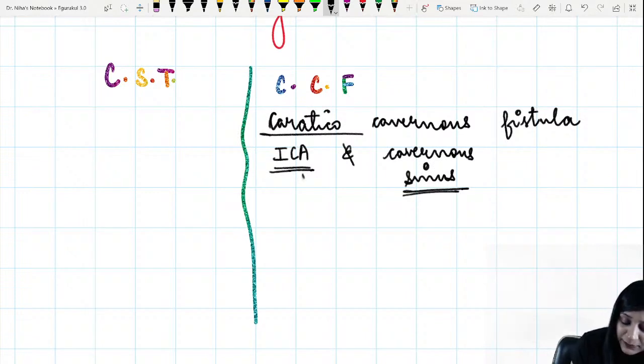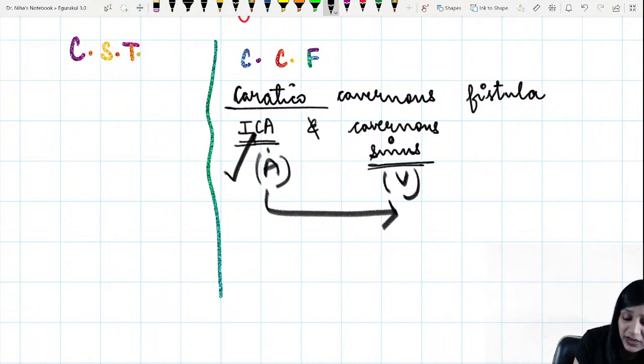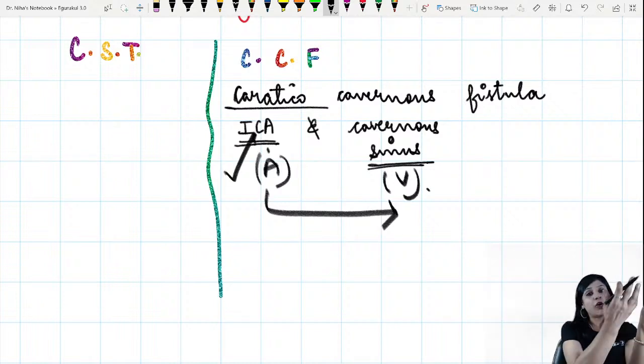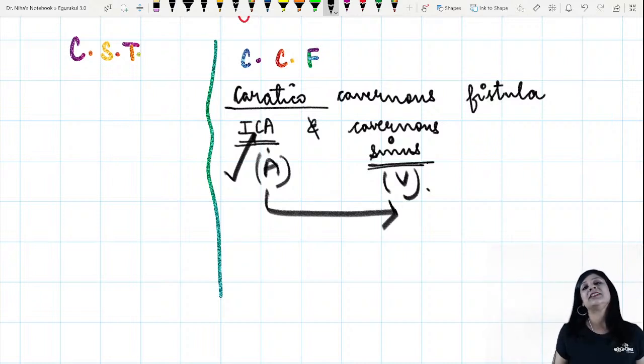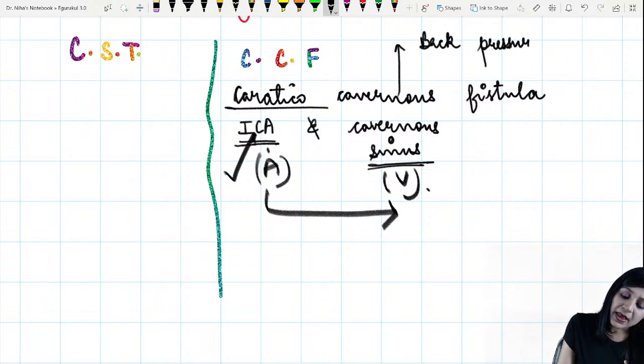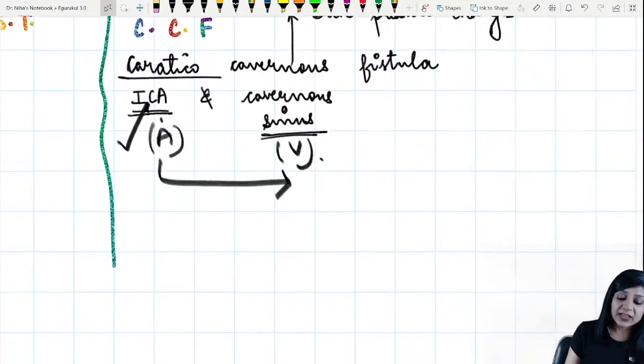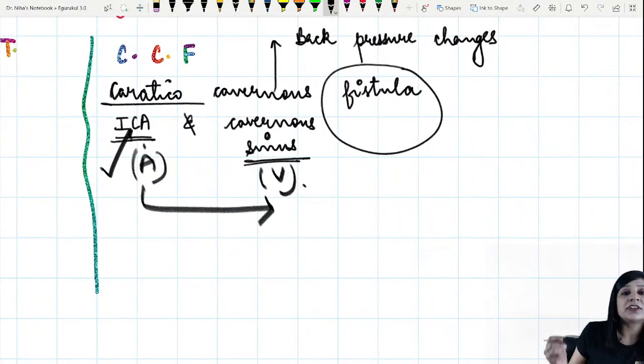Now, when I have a communication between an artery and a vein, what will happen? The blood will always flow from a high pressure area to a low pressure area. So now high pressure blood is coming to the cavernous sinus. That is why again I will have back pressure changes, and due to this we will have again conjunctival congestion, optic disc congestion, and ophthalmoplegias.